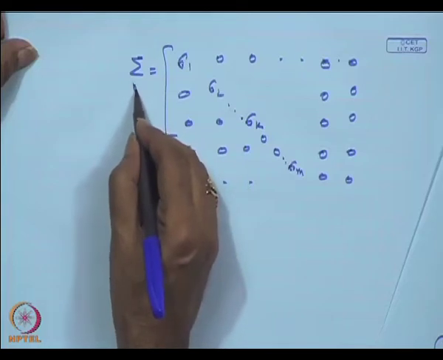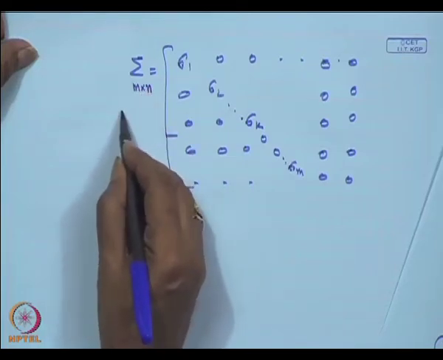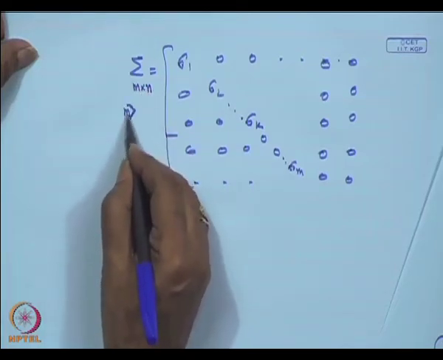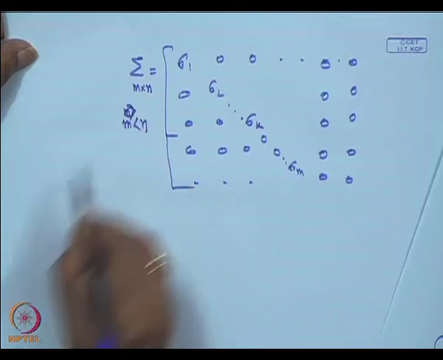So, this is m cross n when I am considering m less than n.